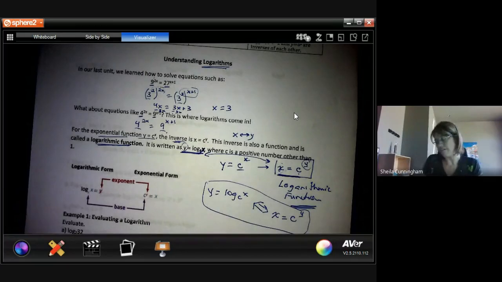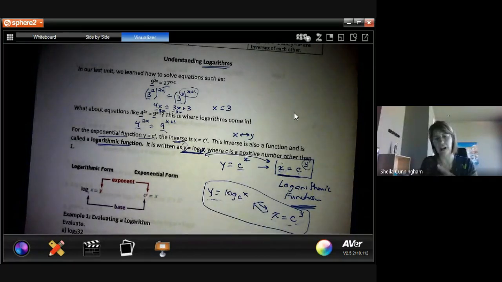Having said that, this is looking at it in terms of an exponential form of understanding, where this is looking at it in terms of a logarithmic form of understanding. So what we're going to do today is work in both modes, between both of these scenarios.